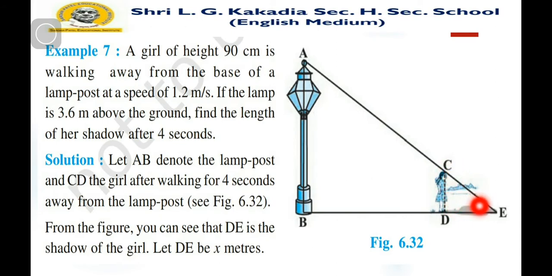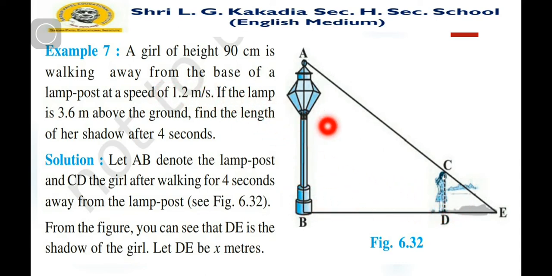E is a common angle in both triangles, and angle B is equal to angle D. So by AA similarity, because the third angle will be the same by the angle sum property, angle A and angle C will be the same. So we can say that both triangles are similar.